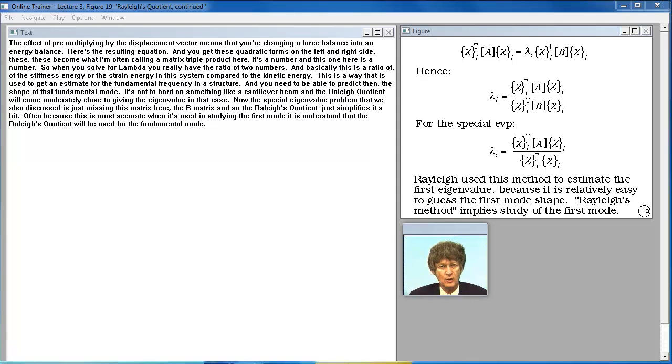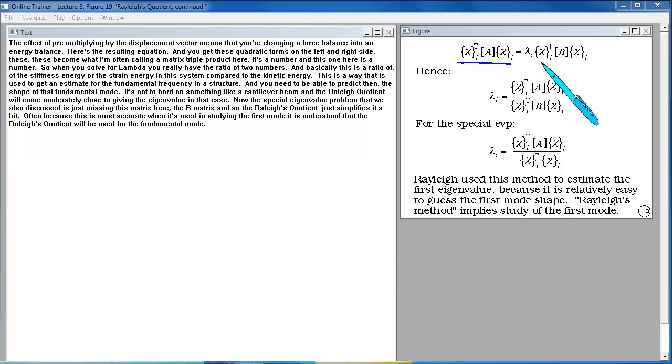The effect of pre-multiplying by the displacement vector means that you're changing a force balance into an energy balance. Here's the resulting equation, and you get these quadratic forms on the left and right side. These become what I'm often calling a matrix triple product here. It's a number, and this one here is a number. So when you solve for lambda, you really have the ratio of two numbers.